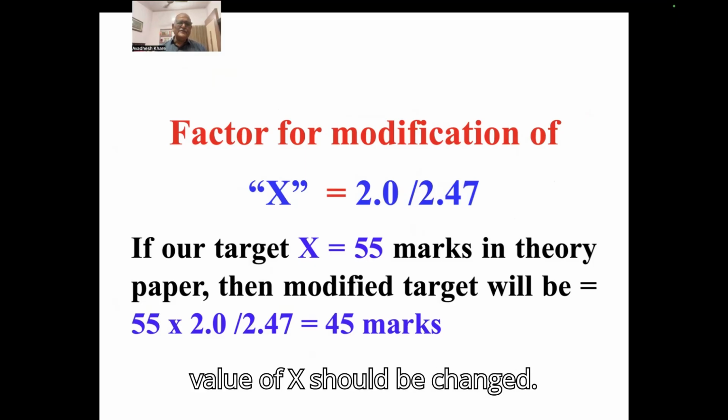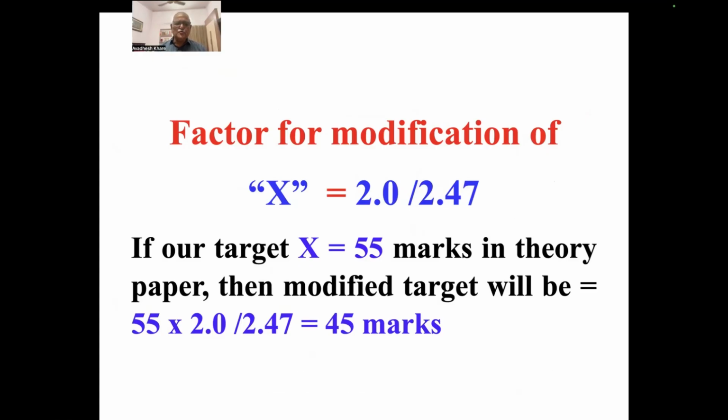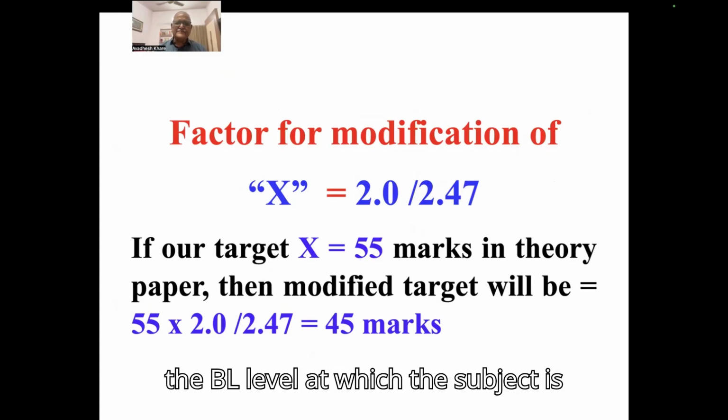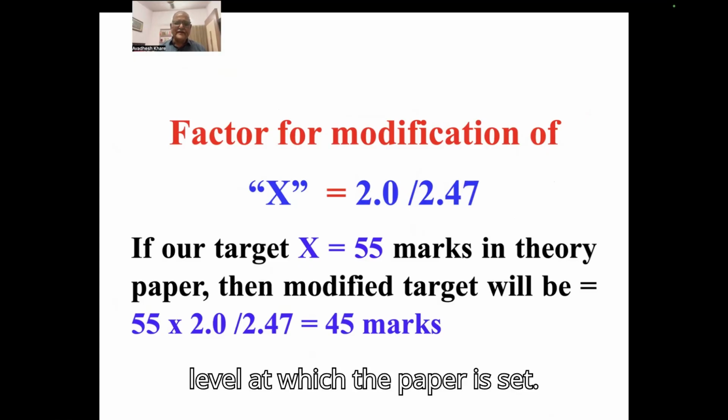The threshold value of X should be changed. The factor for modification is 2 divided by 2.47. 2 is the BL level at which the subject is taught. 2.47 is the BL level at which the paper is set.